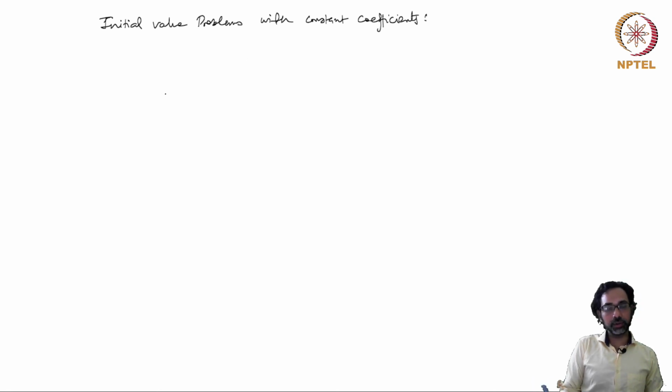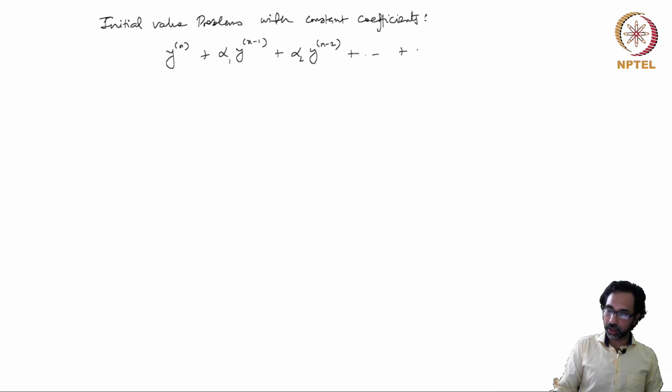So these are linear ordinary differential equations of the form y^(n) plus alpha_1 y^(n-1) plus alpha_2 y^(n-2) plus up to a constant term, say alpha_n y, plus some other constant beta equals some function f of t, valid for t greater than or equal to 0.